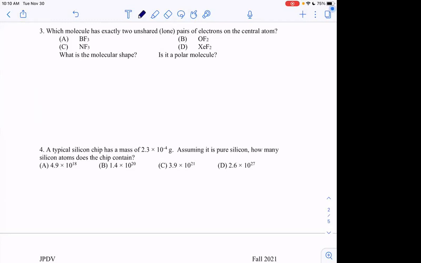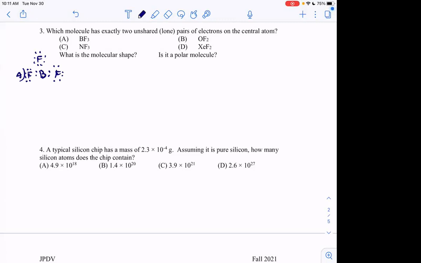Boron not getting an octet, you should automatically say to yourself, okay, this is going to be this, right? 8 times 3 is 24. Done. Boron doesn't need its octet.